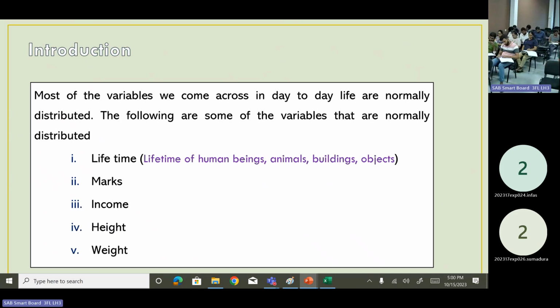Income. Income is a normally distributed variable. Income of people in an area is normally distributed. Income of Sri Lanka per month, is it a variable? Not a variable. Income of countries in the Asian region is normally distributed because you have so many values.